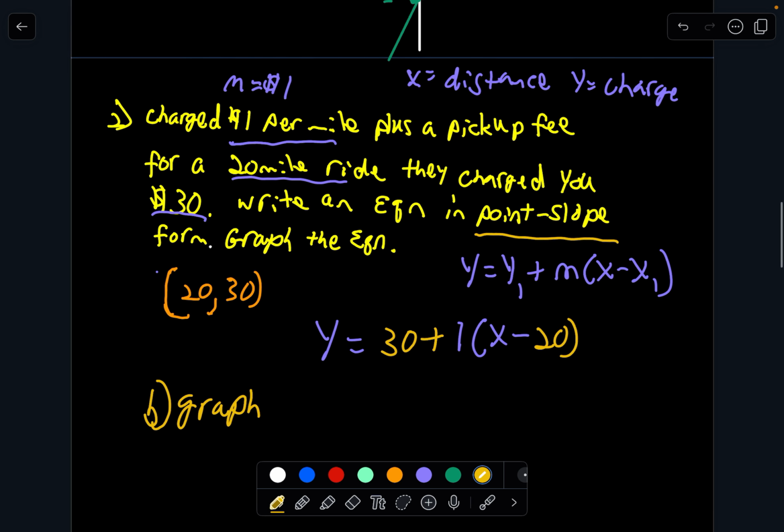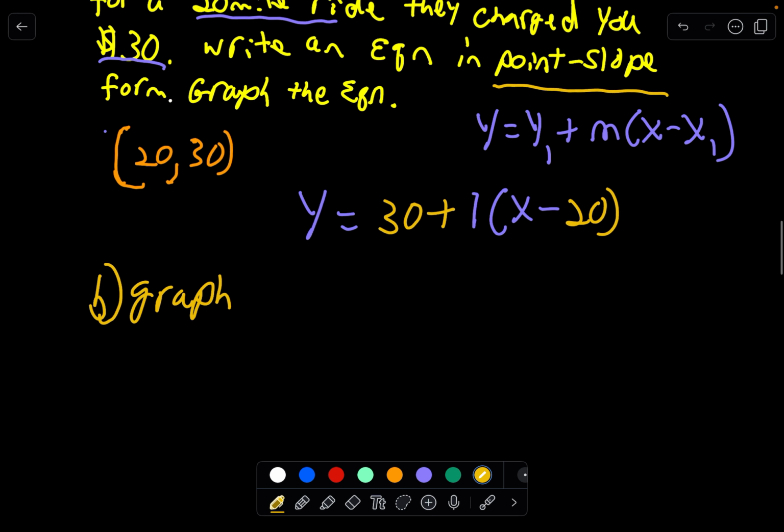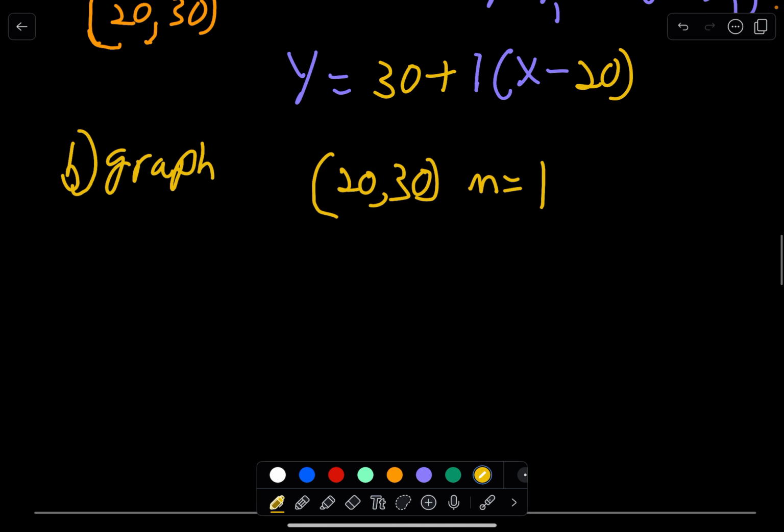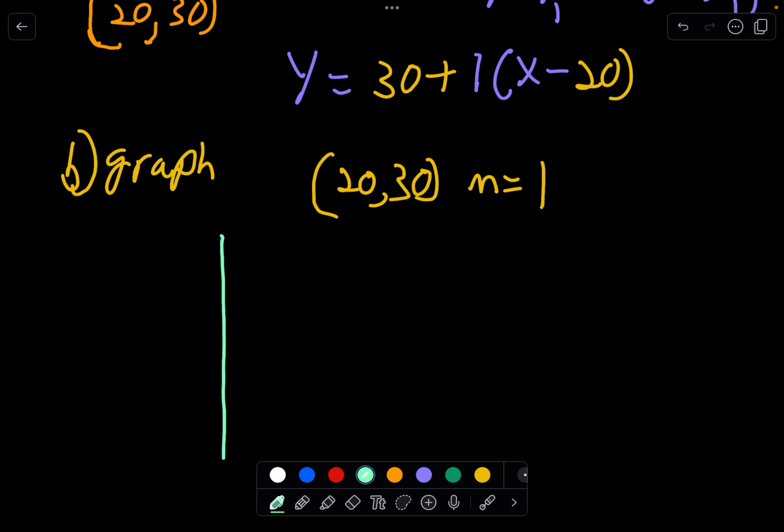Well, to graph this, you are given a point. You know that there's a point on this line that is 20, comma 30, and you know the slope is 1. So this is kind of big because I made this up, right? Hopefully on your test it's not going to be quite as large numbers as this.